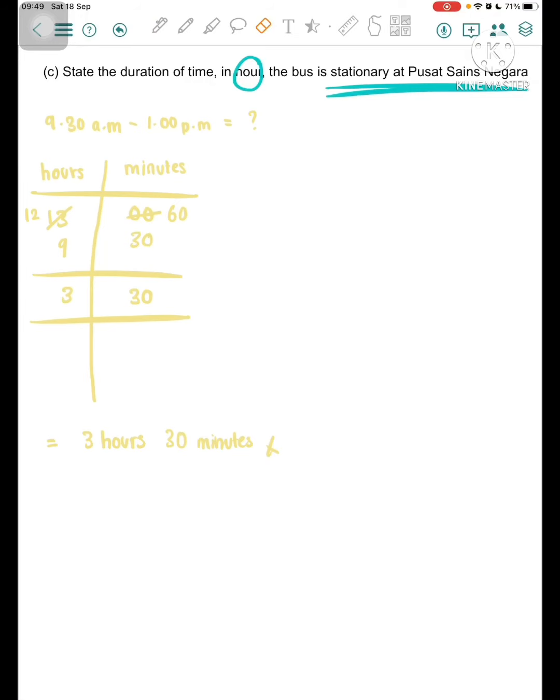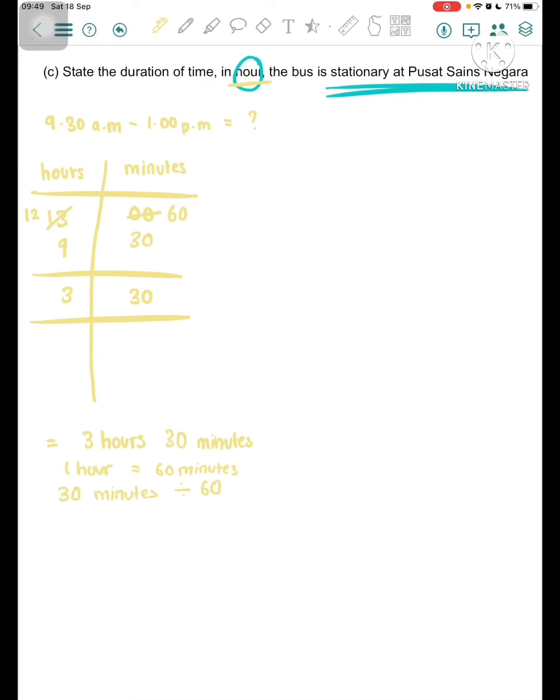And this is not the answer because it wants in hour. In hour. So, 30 minutes divided by 60 because 1 hour is equal to 60 minutes.